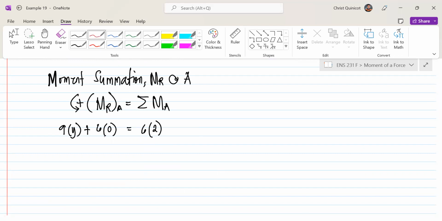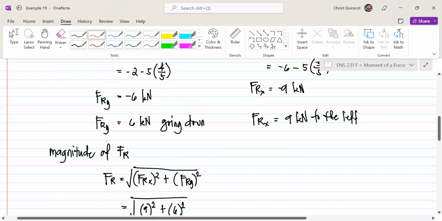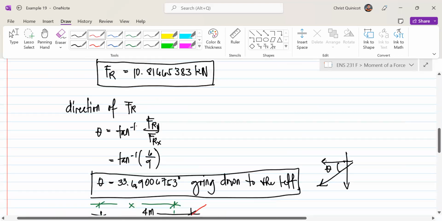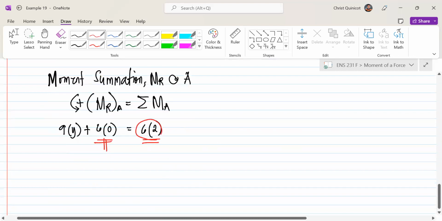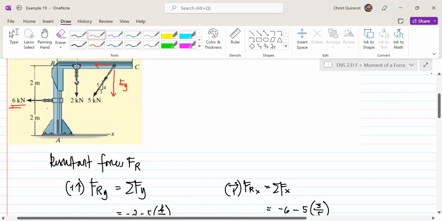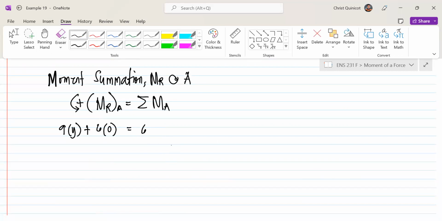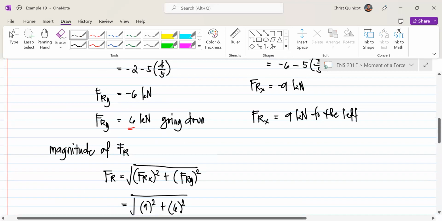Just to remember, this 6 is not the same as this 6, because this 6 is the y component of our force, which is this one. However, this second 6 is this 6. So wait, let me erase this one.